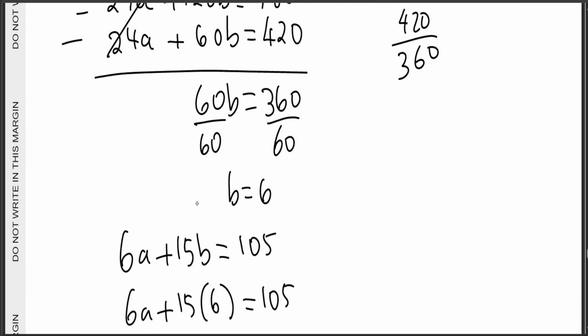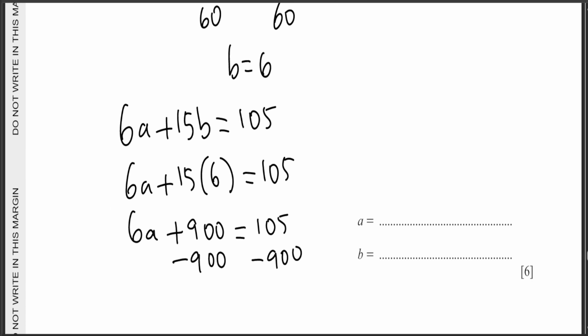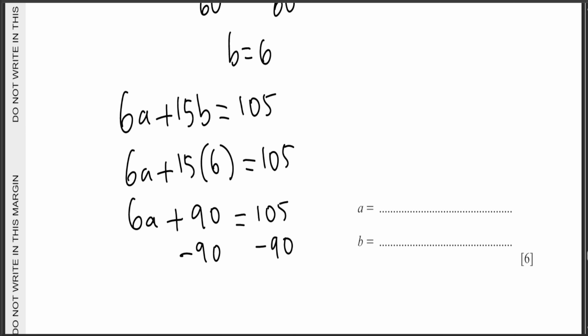So 15 times 6 will give you 90. So minus 90, minus 90. 105 minus 90 will give you 15.